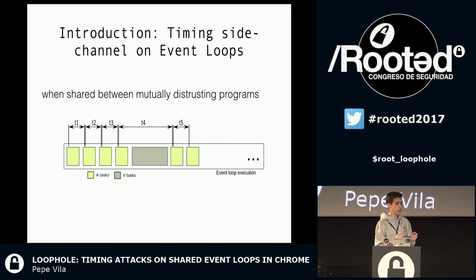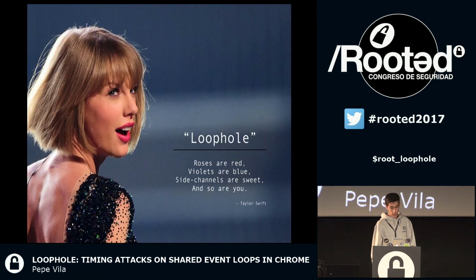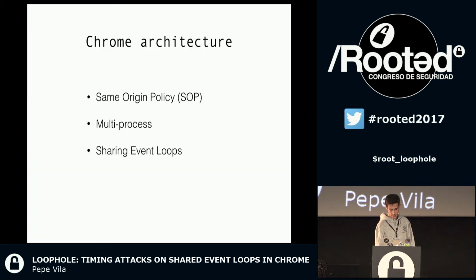If we see a bigger delay, we may infer that a victim called V has sent a message, or that it is processing a message not from us, from someone else. So keep that idea in your mind, because this is what we will be using in Chrome to do some cool things. Well, Loophole is the name of the project anyway.